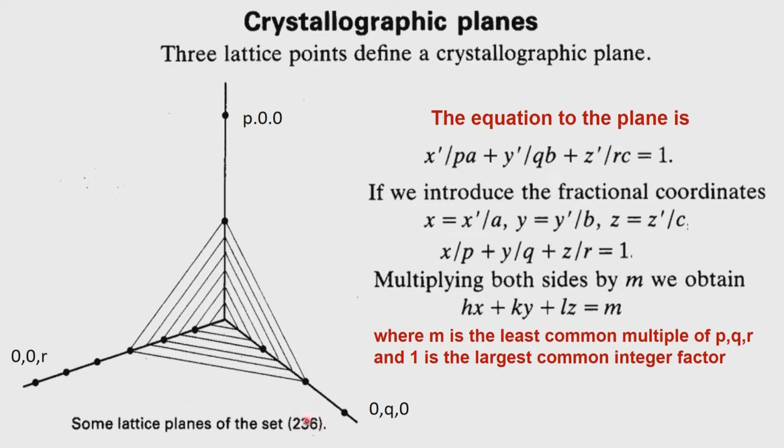If we write 2, 3, 6 in brackets, it represents all planes which are parallel to this plane, and depending upon whether it is a non-primitive lattice or a primitive lattice, we can have a number of lattice planes, and these are all parallel planes as we have seen drawn here. This is one plane, this is another plane passing through this lattice point, and so on, and eventually we have a lattice point which passes through these 3.